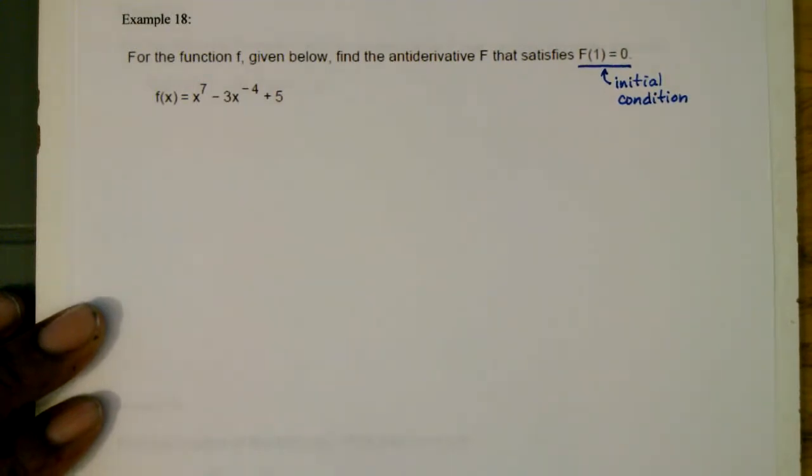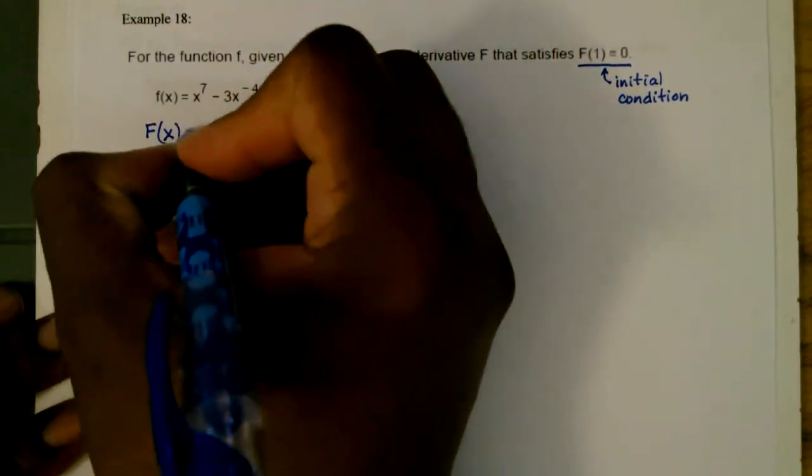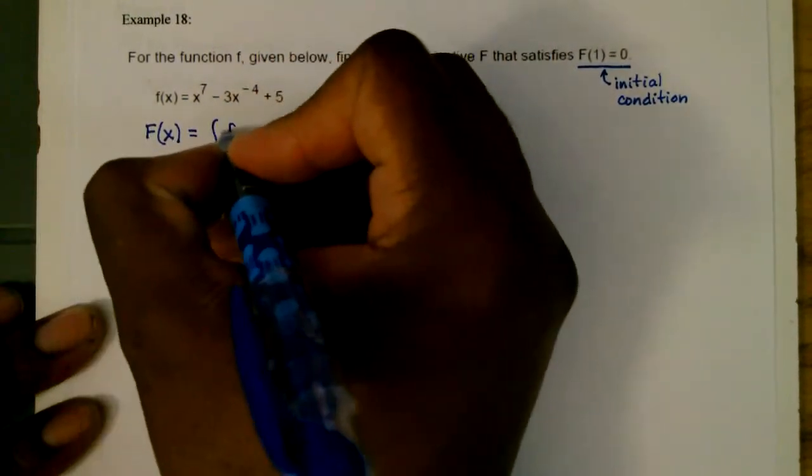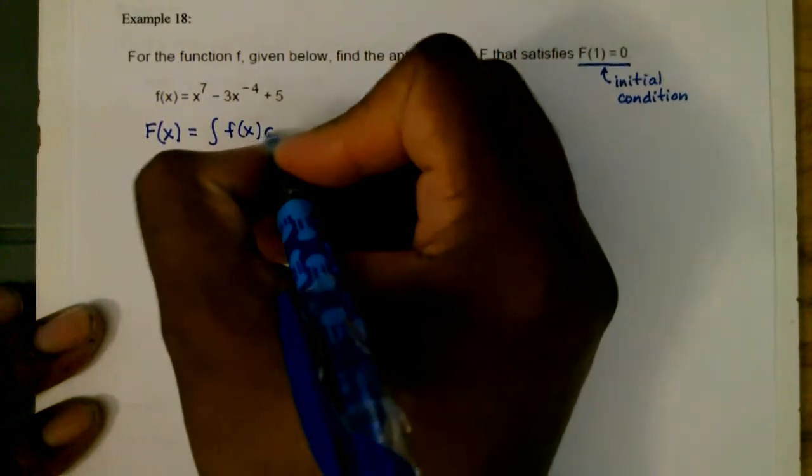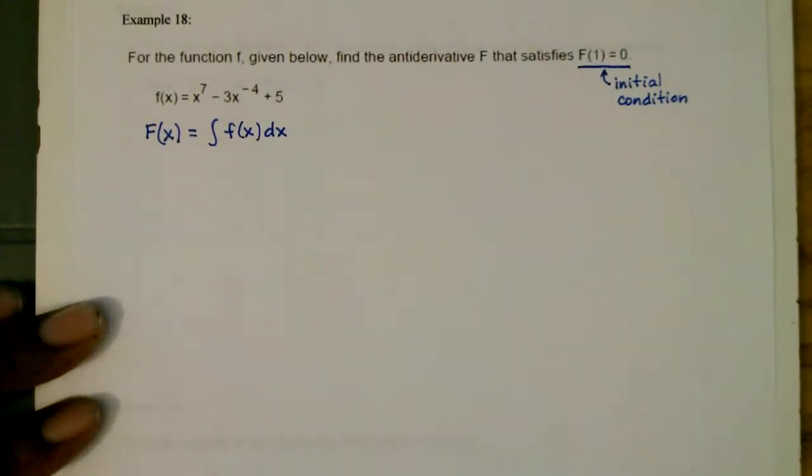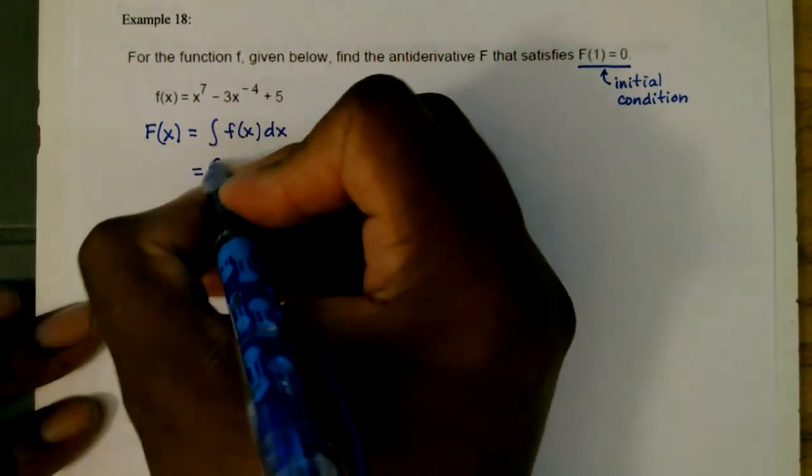And we're going to find the antiderivative F. Here, we're given lowercase f of x is equal to x to the 7th minus 3x to the negative 4 plus 5. So that means that capital F of x, we're finding the integral of f of x dx. And f of x in this case is this.